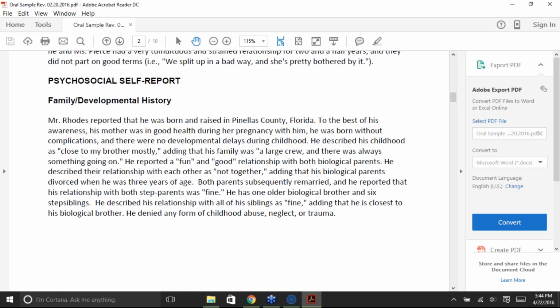He described their relationship with each other as not together, adding that his biological parents divorced when he was 3 years of age. Both parents subsequently remarried and he reported that his relationship with both step-parents was fine. He has one older biological brother and 6 step-siblings. He described his relationship with all of his siblings as fine, adding that he's closest to his biological brother. He denied any forms of childhood abuse, neglect, or trauma.